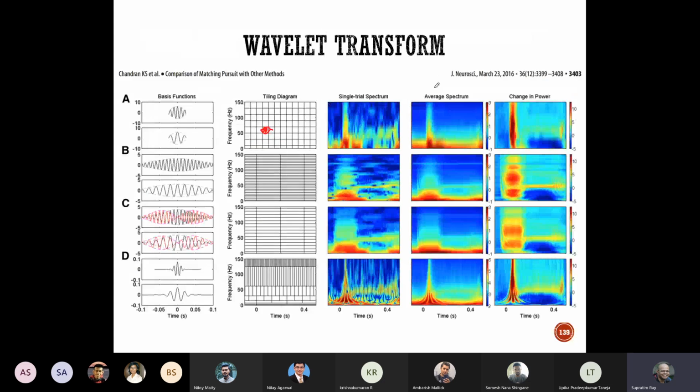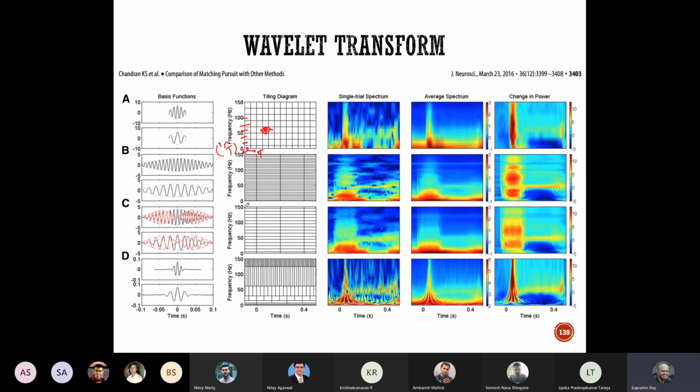But when I draw the tile here, in these kind of plots, I'm essentially asking where I am putting the window in time domain and where am I getting the frequency values. So if any window has a duration of t, this is the length of the window, not the concentration in time, then the frequency points are obtained at 1 by t, or multiples of 1 by t, irrespective of what you are doing.